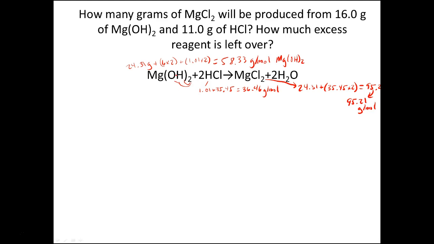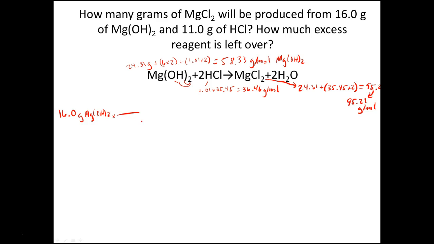Now we need to figure out, if we have 16.0 grams of our Mg(OH)2, how much MgCl2 is that going to give us? How much magnesium chloride will that give us?